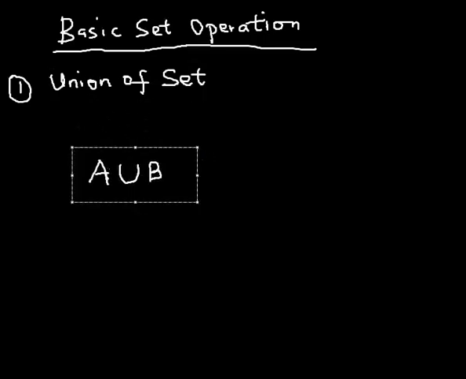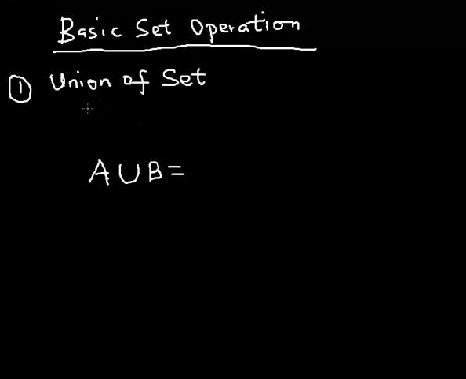The union of two sets is a set that contains the elements of either A or B, or even both A and B. Either in A or B or both.